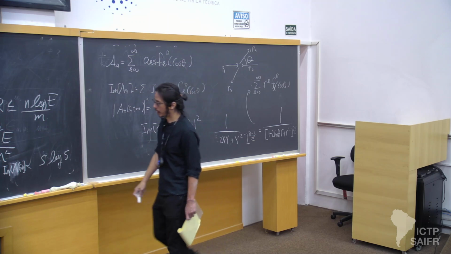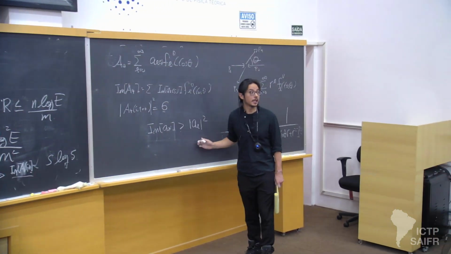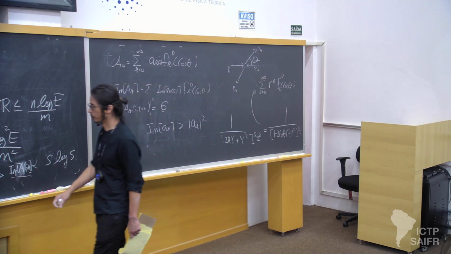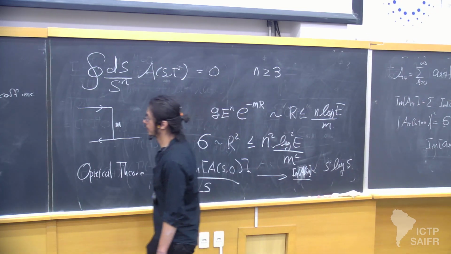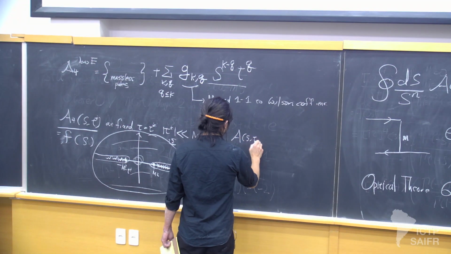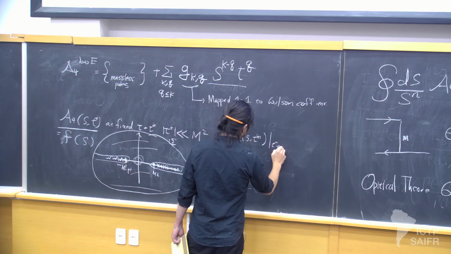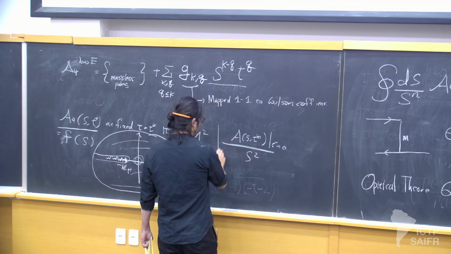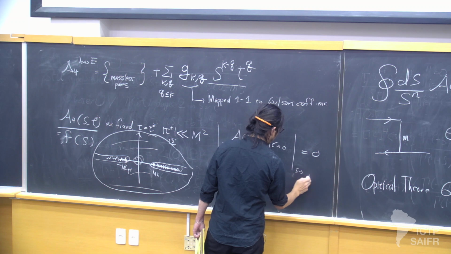Since I'm already bounding my imaginary part, my total amplitude is actually bounded. Just from this very fast argument, I conclude that my A(s,t) in the near forward limit, where t goes to 0, divided by s squared, is going to be equal to 0 as s goes to infinity.